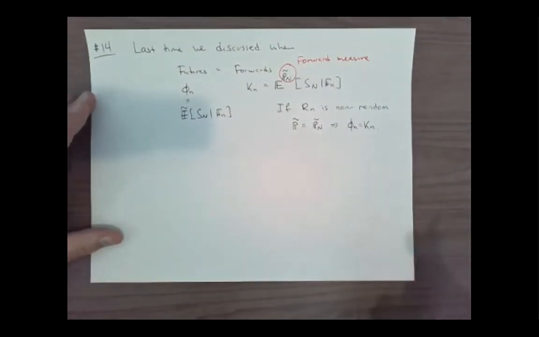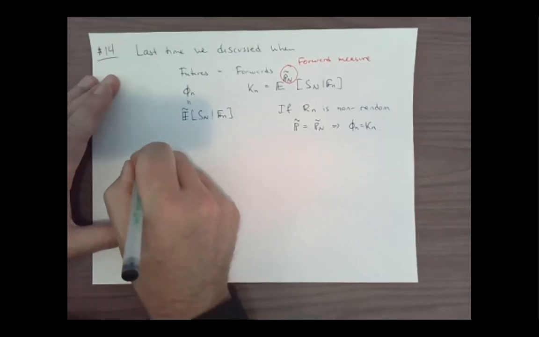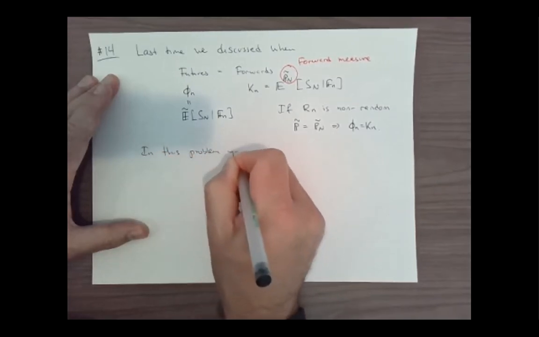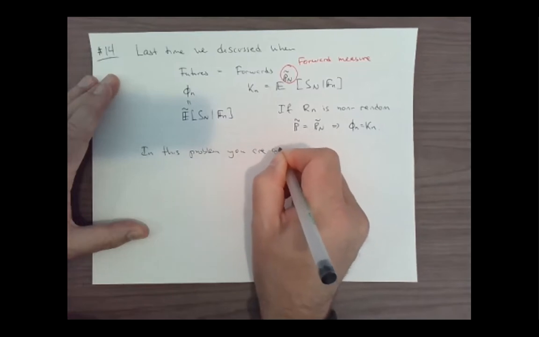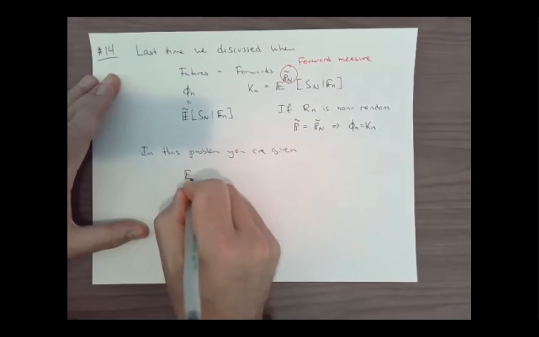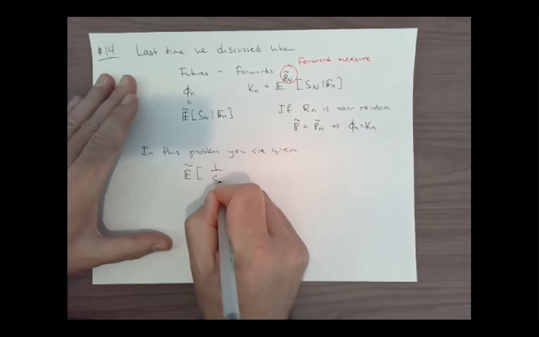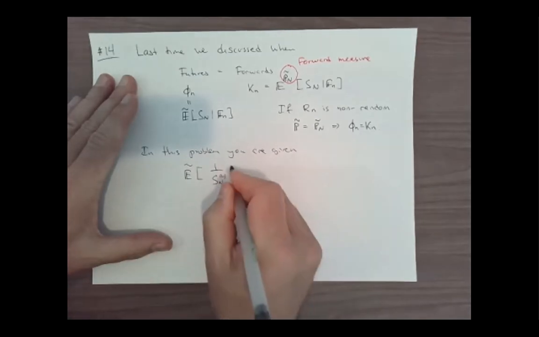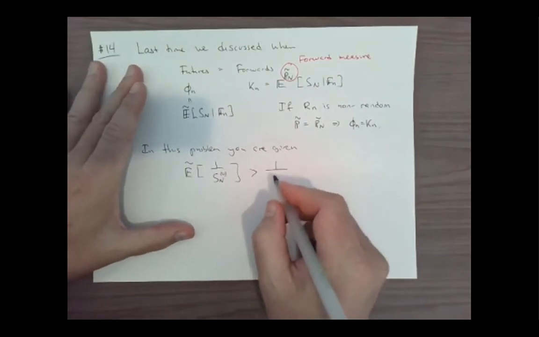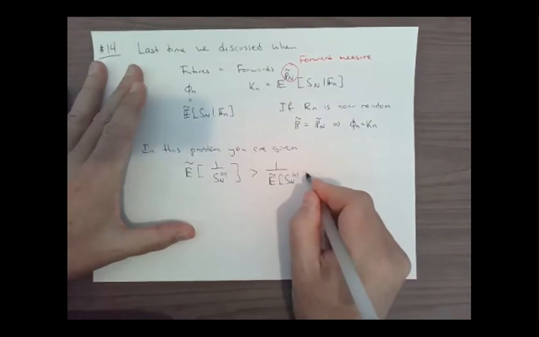So in this problem you're given that the expectation under the risk neutral measure of 1 over the money market account is strictly bigger than the expectation of Sn0.